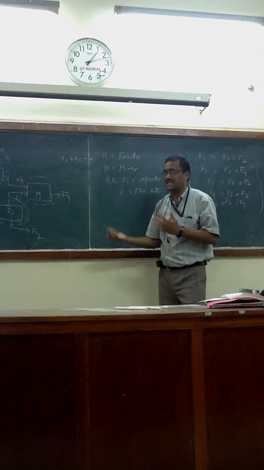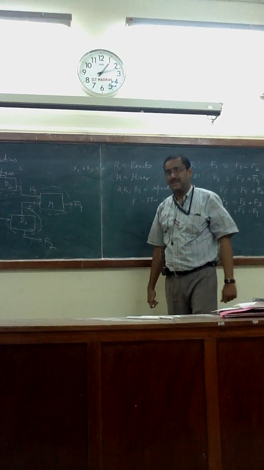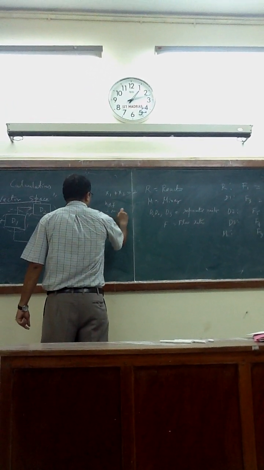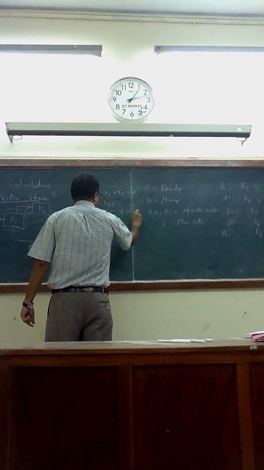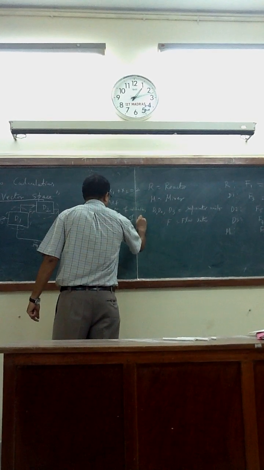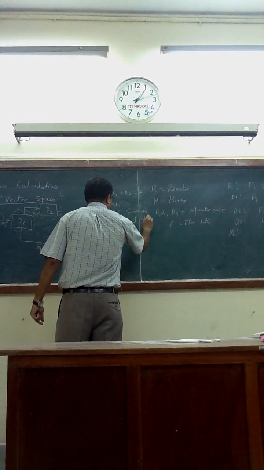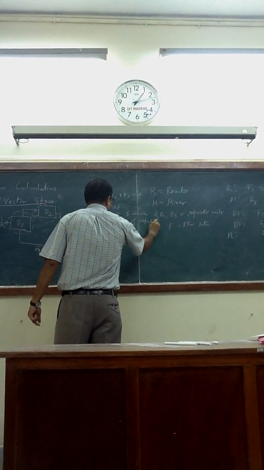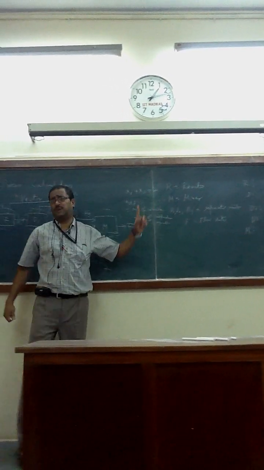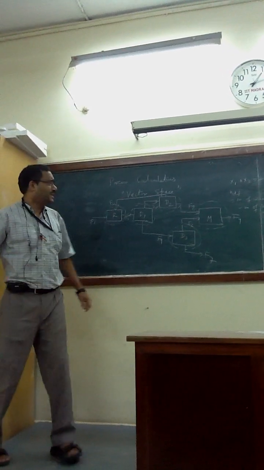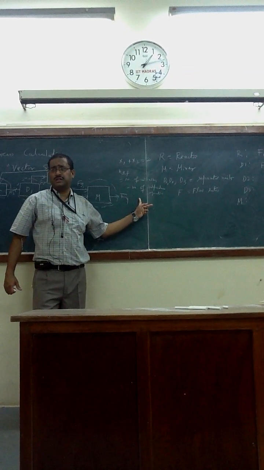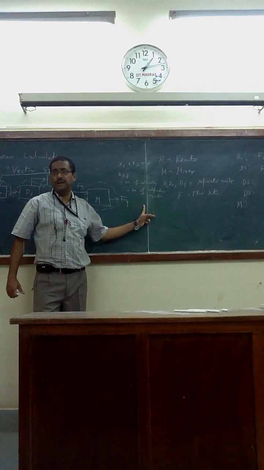So that is called degree of freedom: number of variables minus number of independent equations. You can write it either way, number of independent equations minus number of variables, no problem. If it is 0 for an algebraic system, we can get a unique solution. If it is not, we will get infinite solutions.